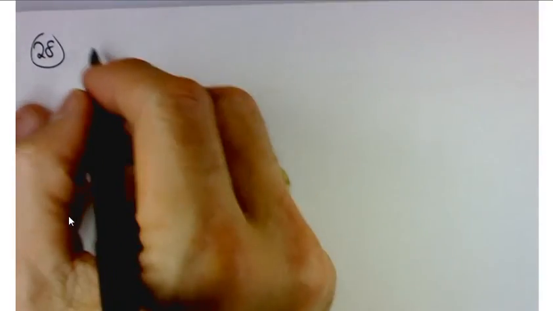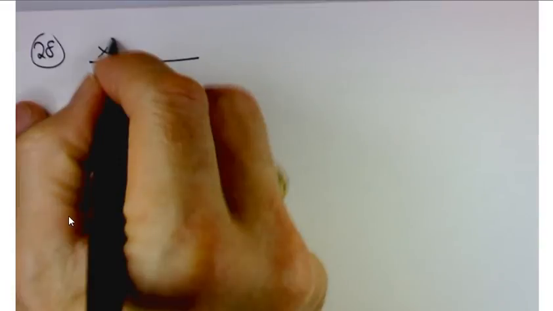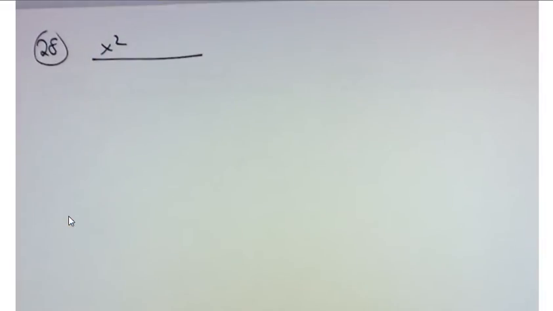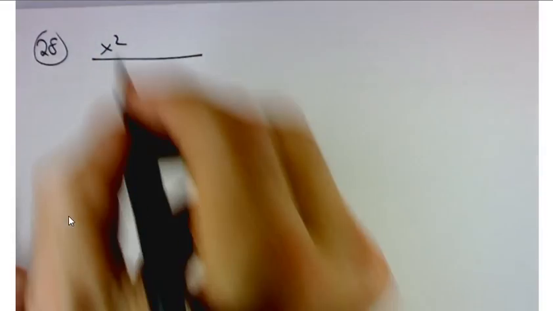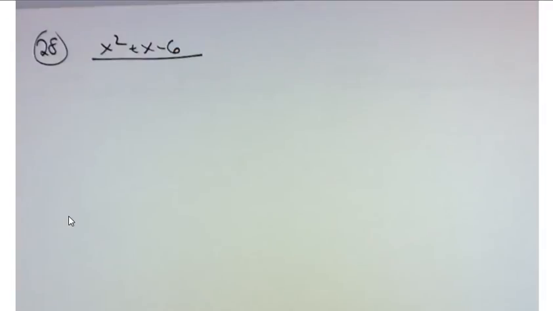Let's try some more from the book. Let's try problem number 28. So x squared plus x minus 6 divided by x minus 4.